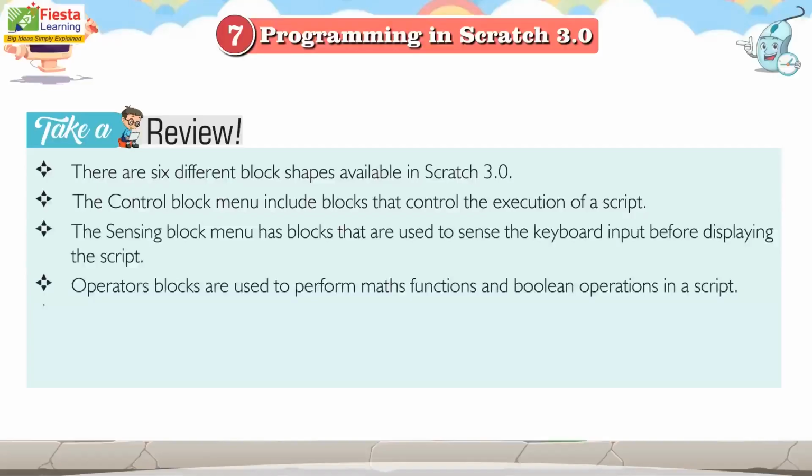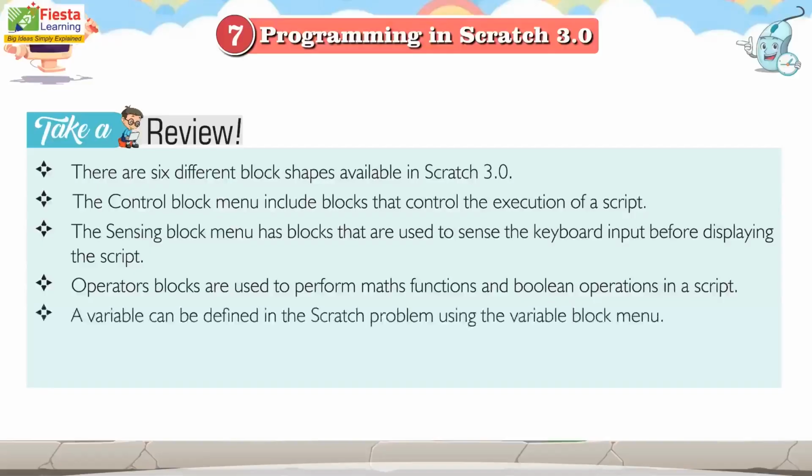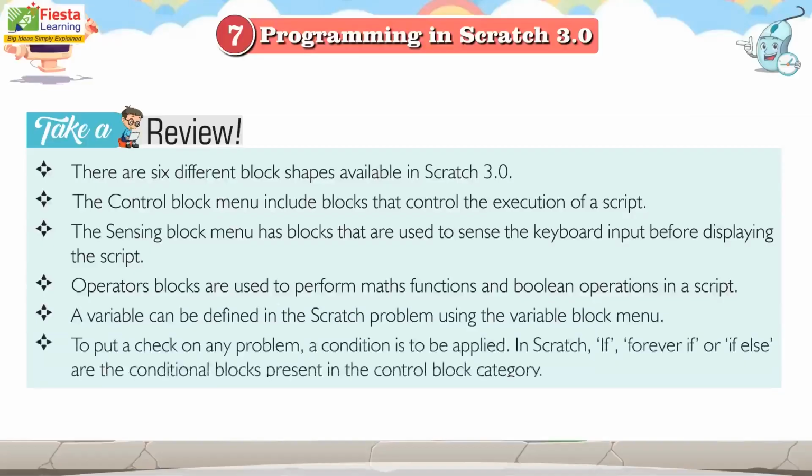Operators blocks are used to perform math functions and Boolean operations in a script. A variable can be defined in the Scratch program using the variable block menu. To put a check on any problem, a condition is to be applied. In Scratch, if, forever if, or if else are the conditional blocks present in the control block category.